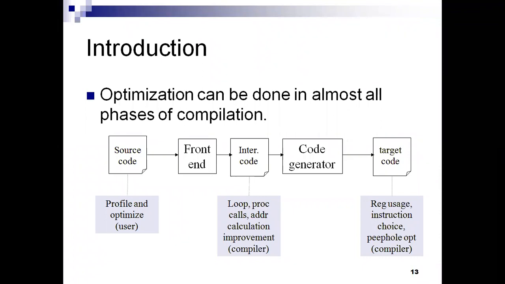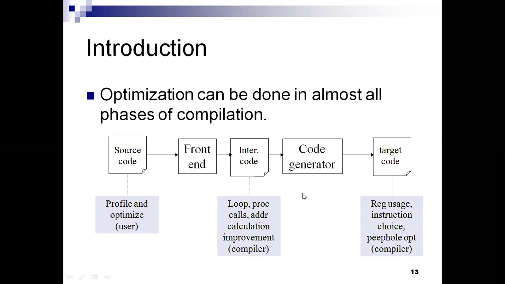That means to generate good code, right? So that's why we have a statement like optimization can be done in almost all phases of the compilation. Initially it is done by the user and then it's done by the compilers. Is it clear? And this is the simple block structure of code optimization.